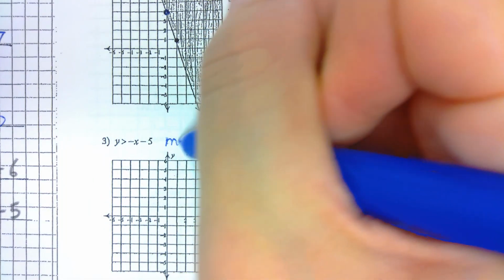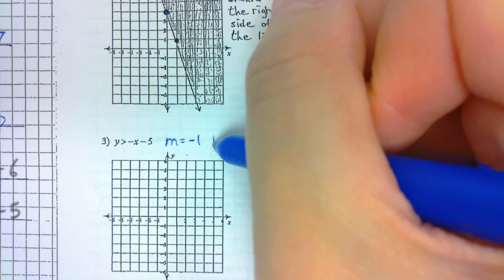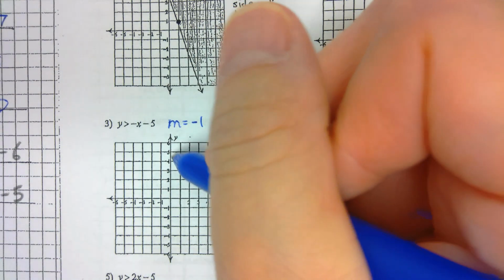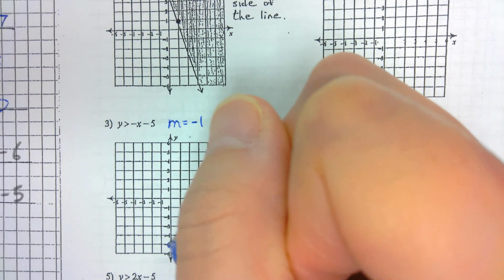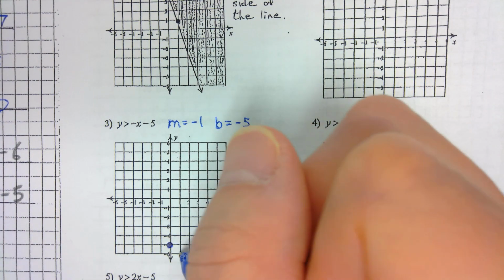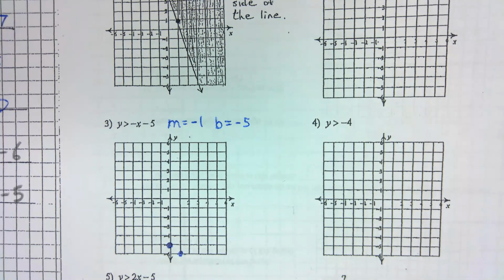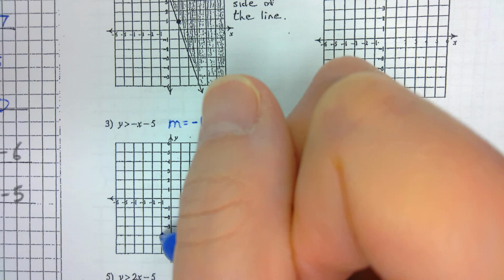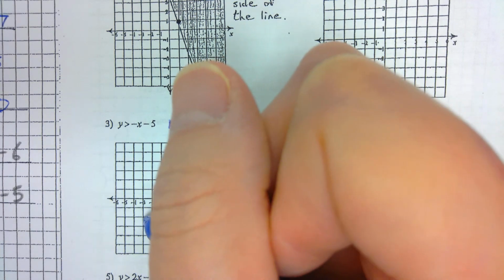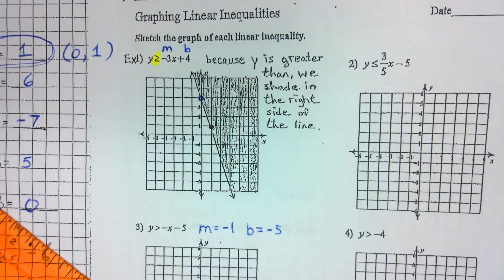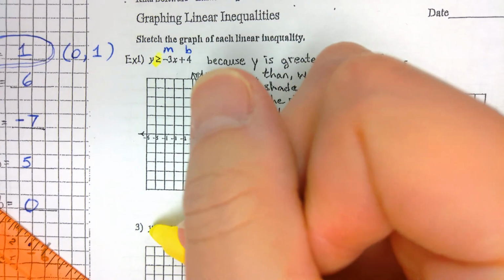My slope here is -1 and my y-intercept here is -5. So I'm going to again plot my y-intercept first at -5, and then from that point I'm going to go down 1 over 1. I want to make it a little more accurate, so I'll go the other way, adding a few more points.